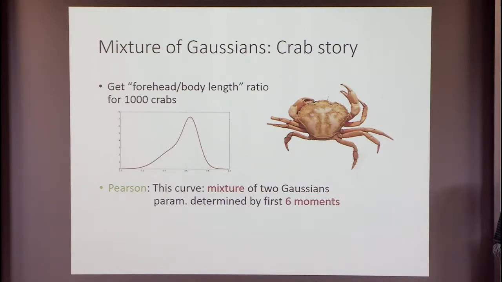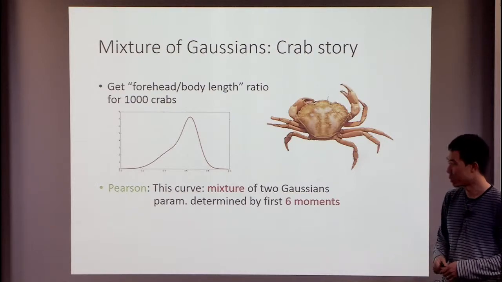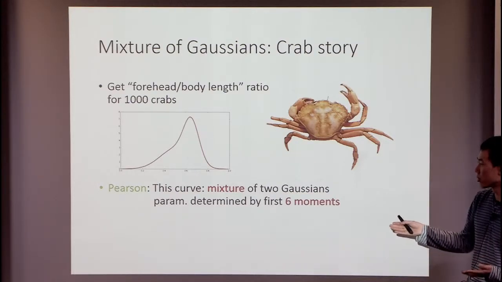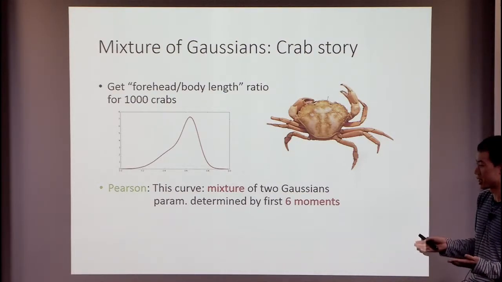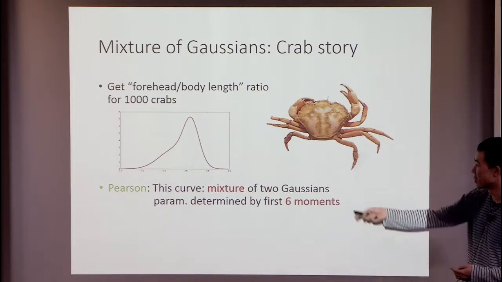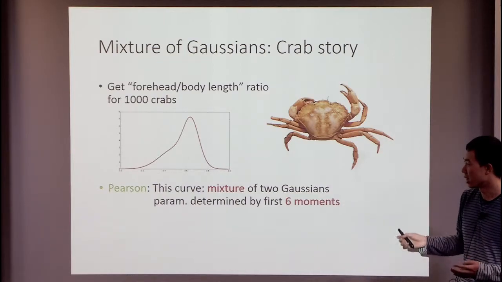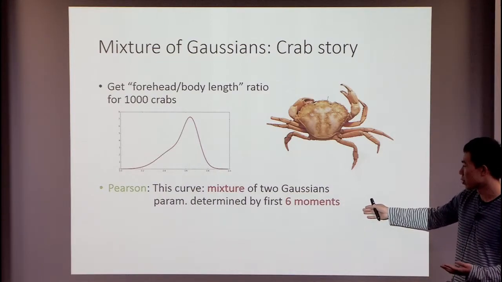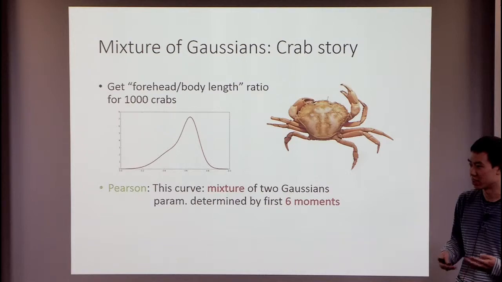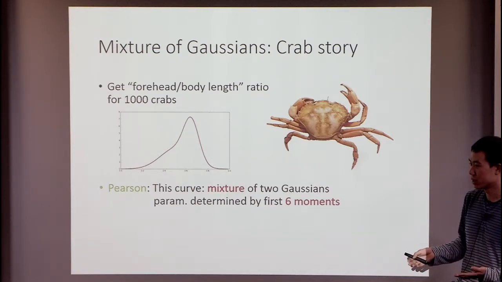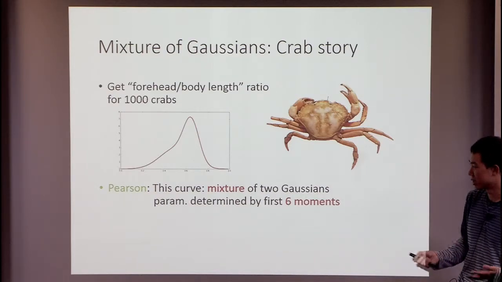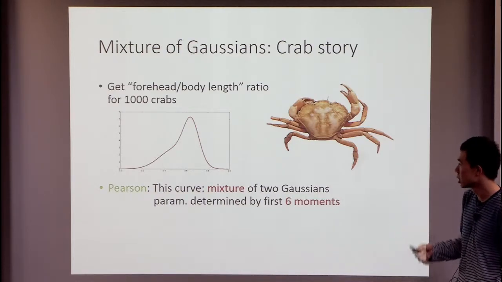Pearson had a very nice algorithm for solving this. It's based on the method of moments. You compute the first 6 moments. Moments are just expectations of polynomials. The first moment is just the mean, the second moment is related to the variance, and so on. After you compute all these 6 moments, it gives you a lot of equations on the unknown parameters, the means, variances, and so on.